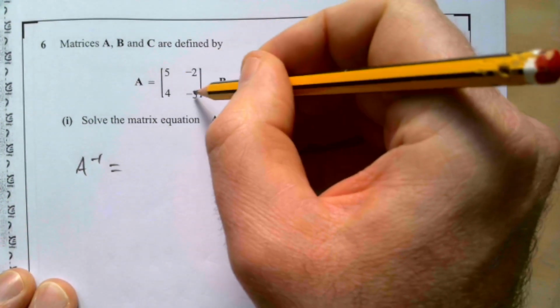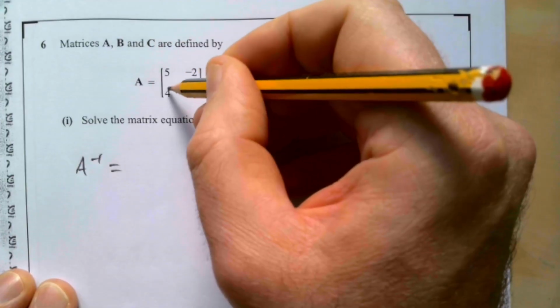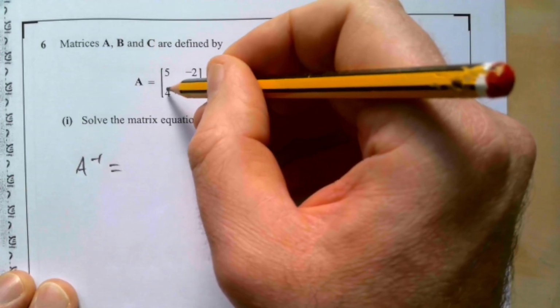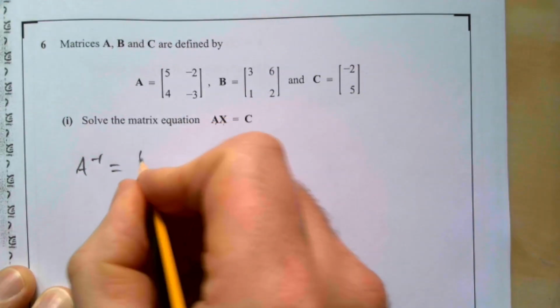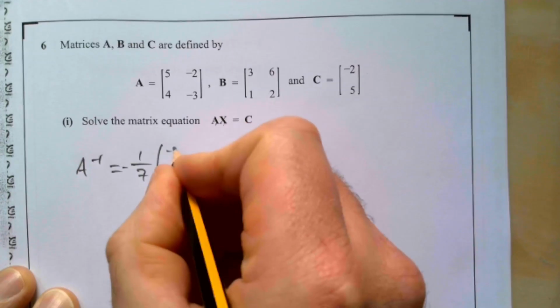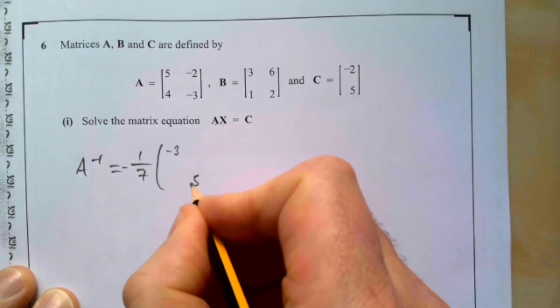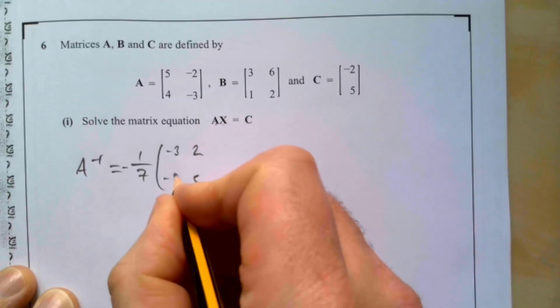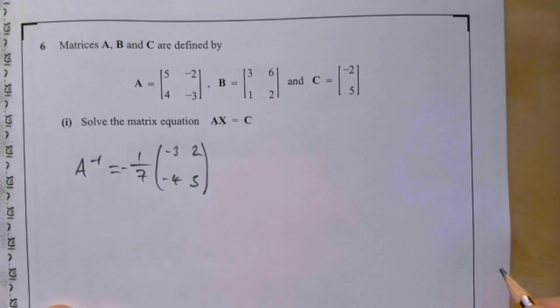So it's minus 15 minus 8, so it's going to be minus 7. So it's going to be 1 over minus 7, and I change around these two and I change the signs of these two.